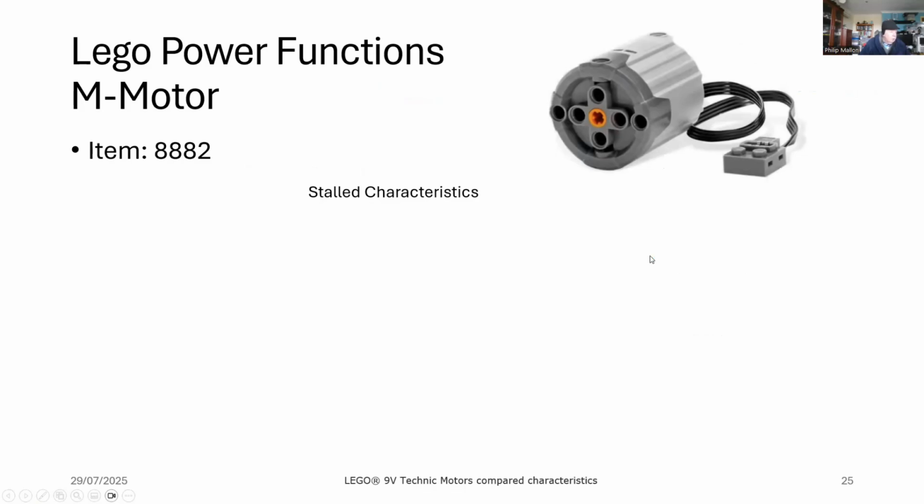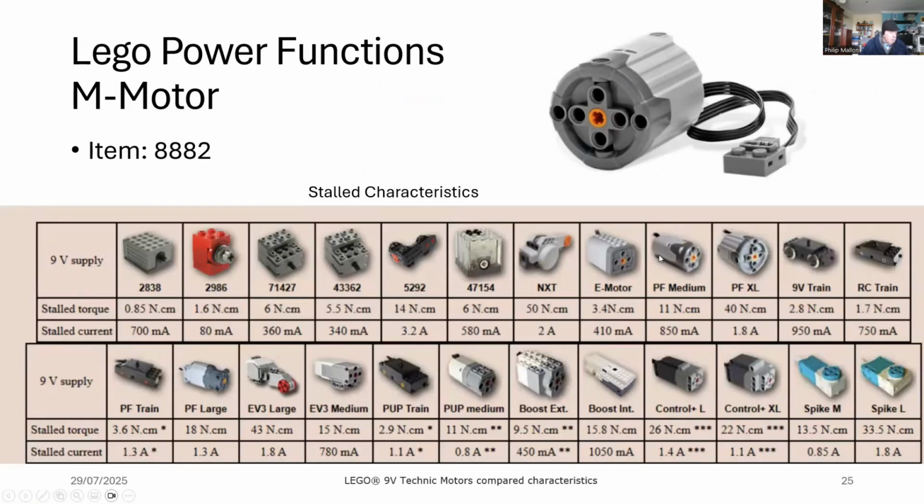From Lego, we've got a lot of motors. And this particular one here is called the M motor. And a range of motors were available from Lego. The only ones that are available now are the Spike ones on the bottom right. But you can still pick up some of the other ones, like the Power Functions medium one, which we're illustrating here.